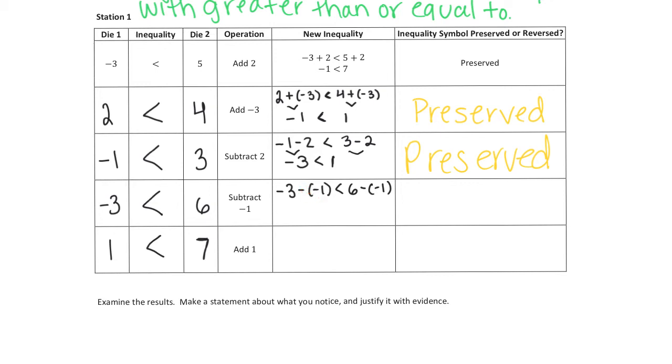So now I have -3 plus 1 is less than 6 plus 1. So -3 plus 1 is going to get us -2, and 6 plus 1 is going to give us 7, so I have -2 is less than 7. Again, when we put in our operation, did our inequality symbol change? No, it did not, so it is preserved.